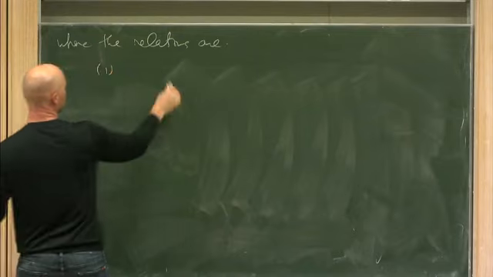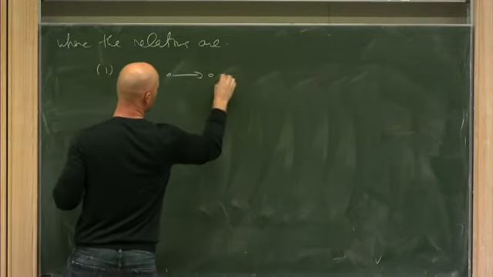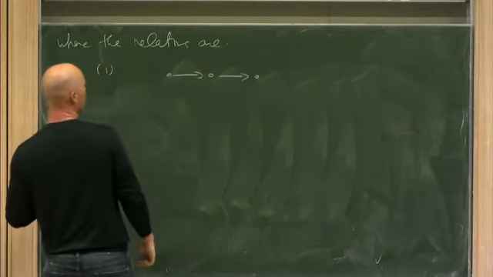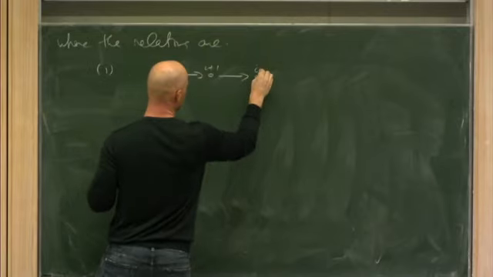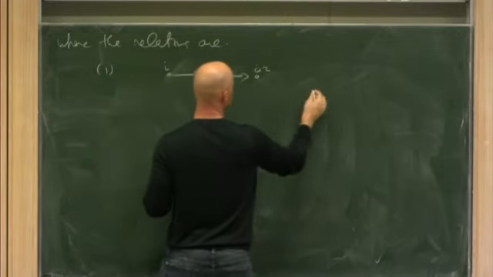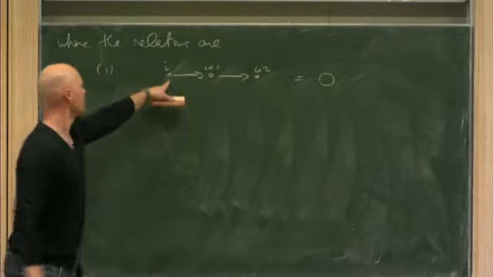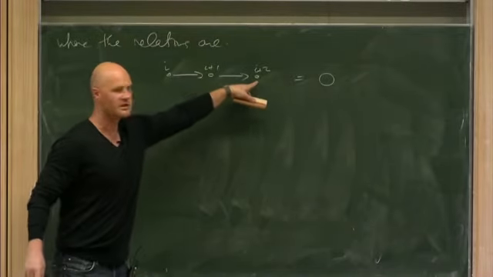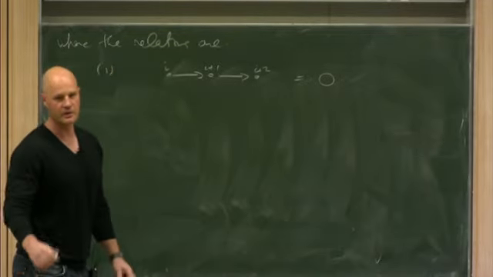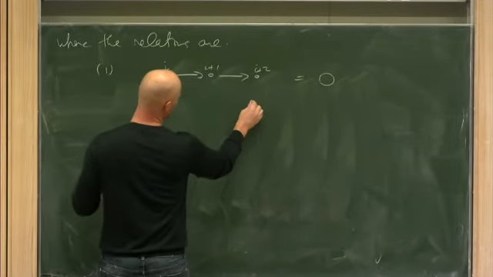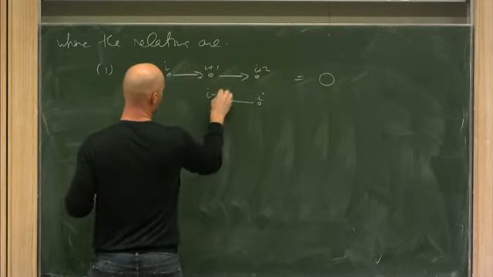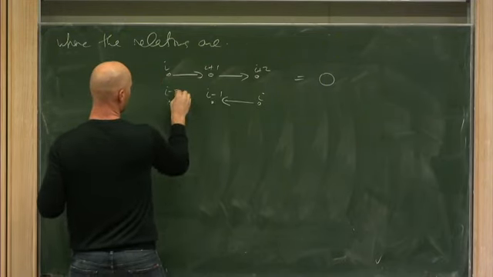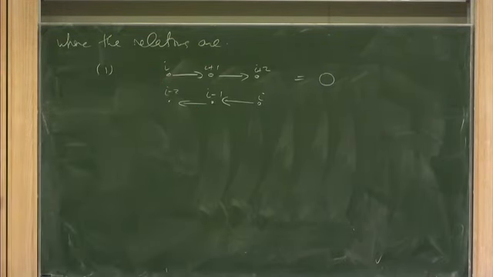The first is that any length 2 path which starts and ends at distinct vertices is 0. So in particular, if you're at vertex i and you go to vertex i plus 1 and then to vertex i plus 2, we kill that path. And similarly for the length 2 path going the other direction. So the length 2 paths which start and end at distinct vertices are all killed.